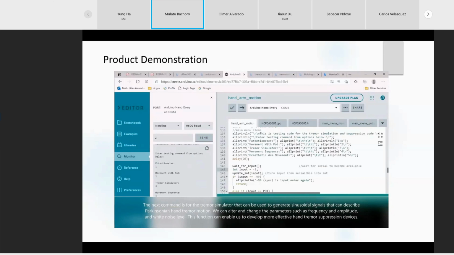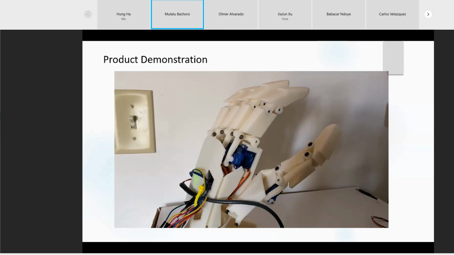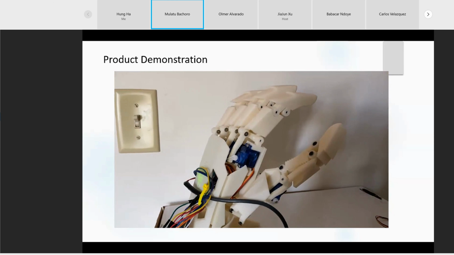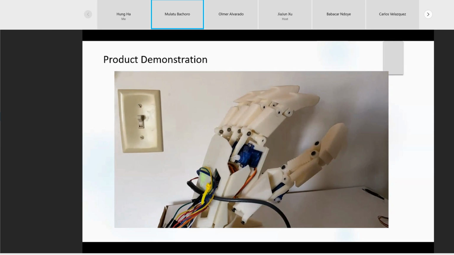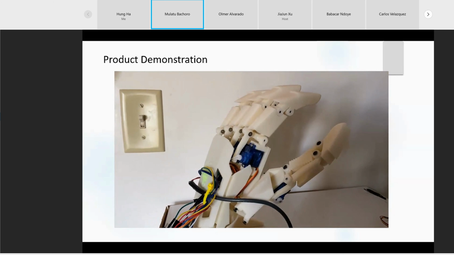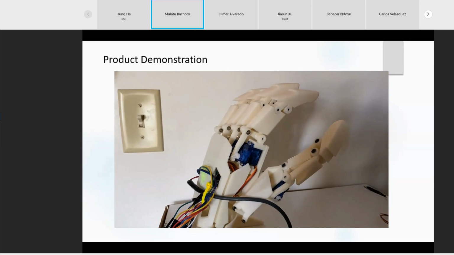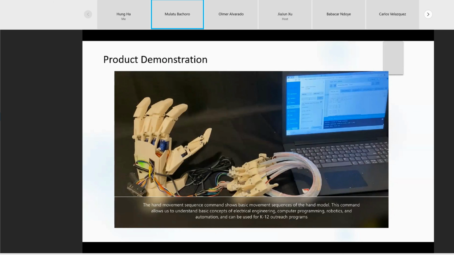Thirdly, we have the movement with a potentiometer command, which can be used to collect Parkinson's tremor data after meeting all regulations. And fourth, we have the tremor simulator function that can be used to generate the different tremor motion signals by changing the parameters of the mathematical model.